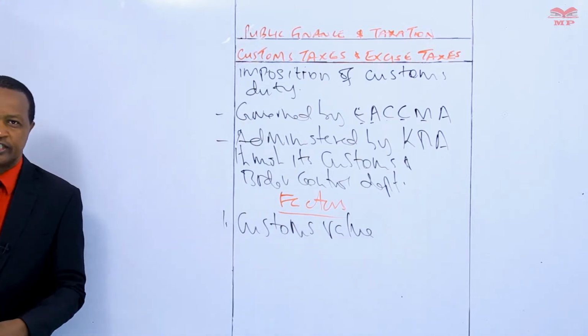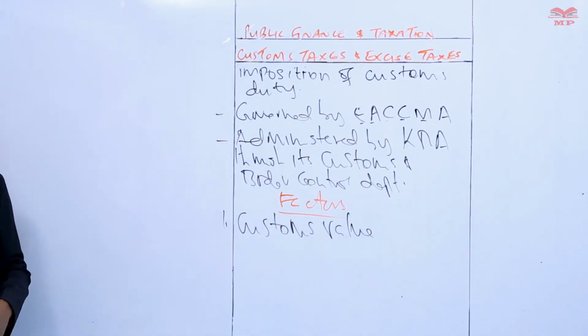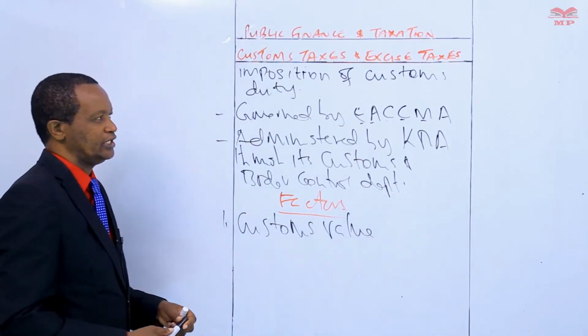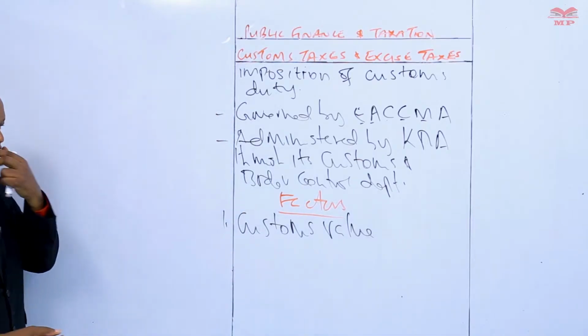This is generally based on the price paid or payable for the imported goods, including the cost of the goods, insurance, and freight. So the value of the goods determines the customs duty to be paid.